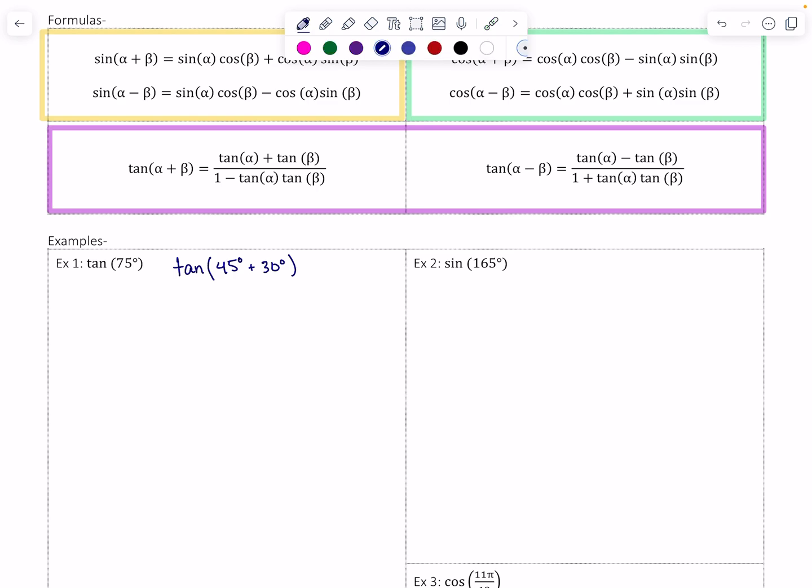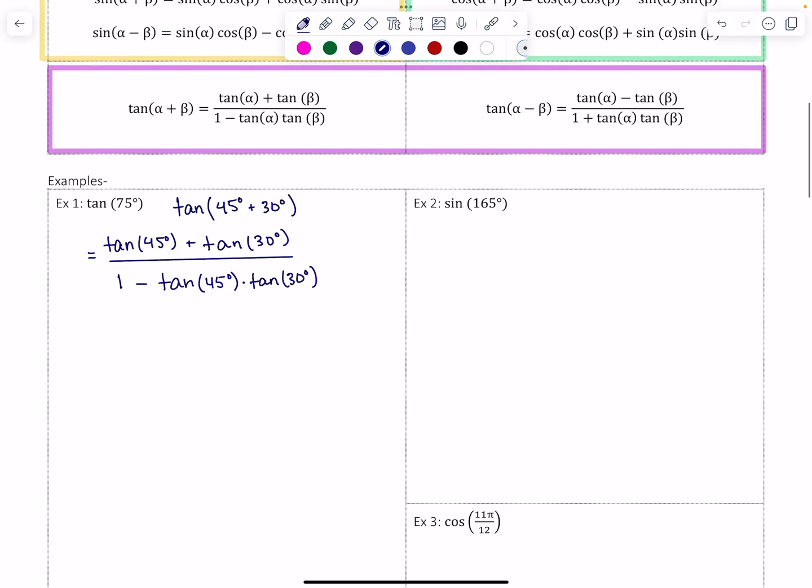So we're going to go ahead and fill in what we need to here. So we have that this is equal to tangent of 45 degrees plus tangent of 30 degrees all over 1 minus tangent of 45 degrees times tangent of 30 degrees.